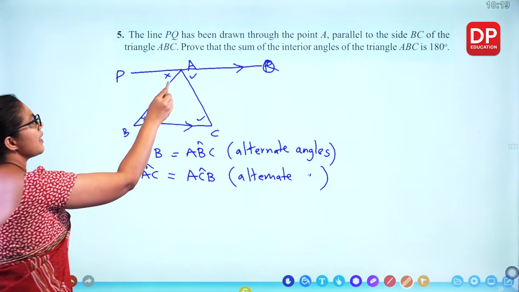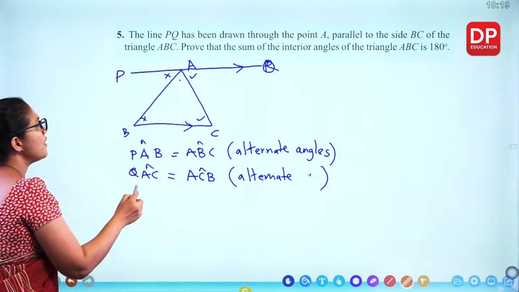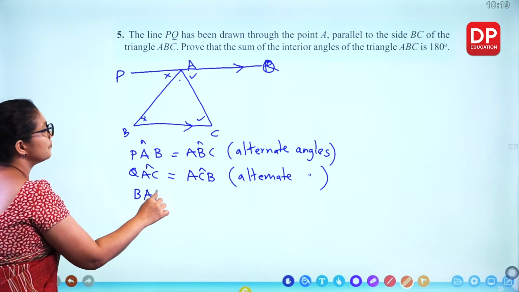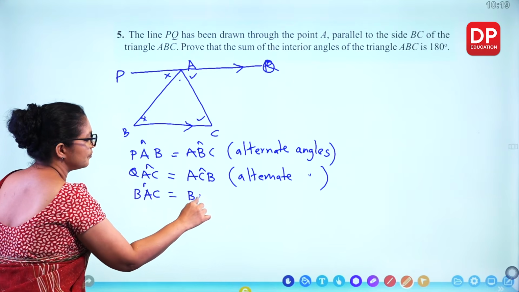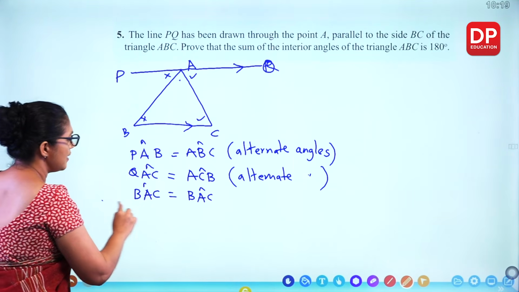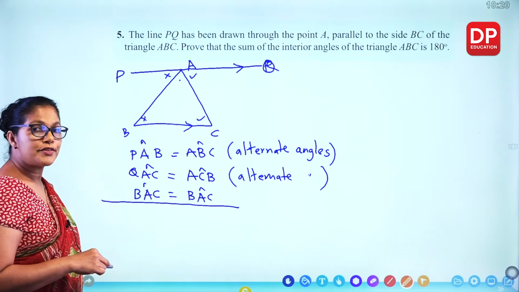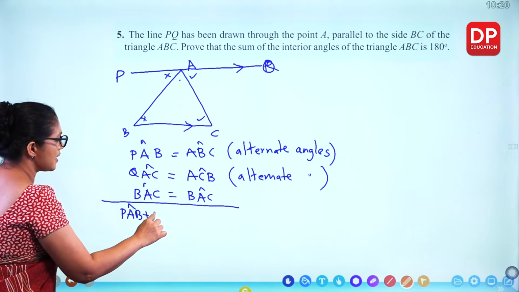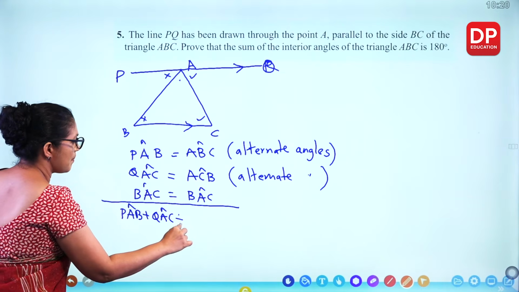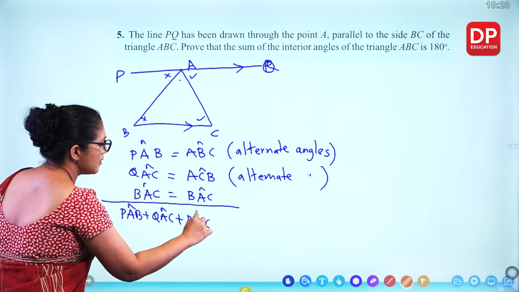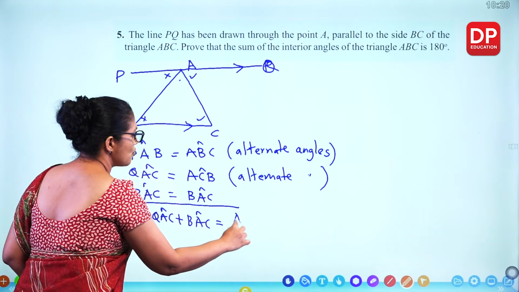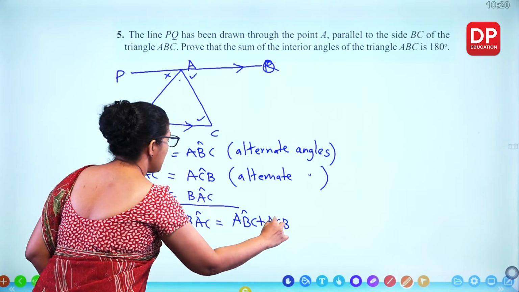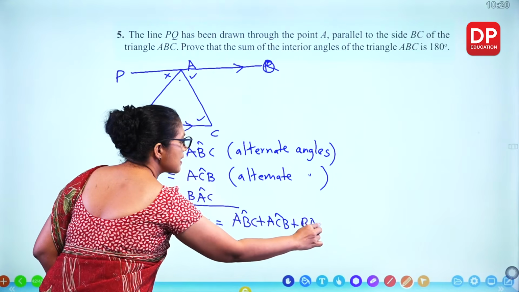Then I can add this angle to both the equations. I can write BAC. Then I'm adding all three together. So I'm adding PAB plus QAC plus BAC is equal to ABC plus ACB plus BAC.